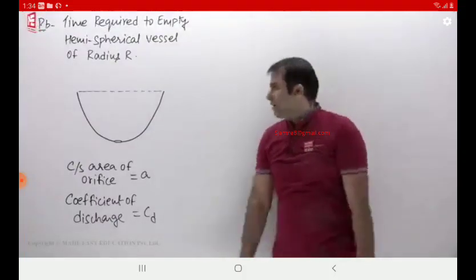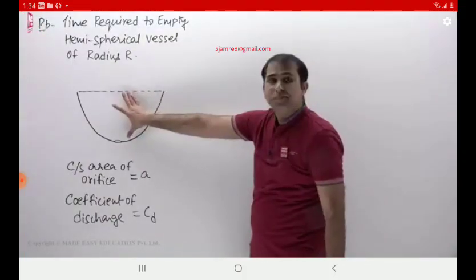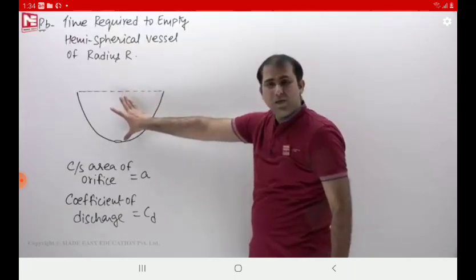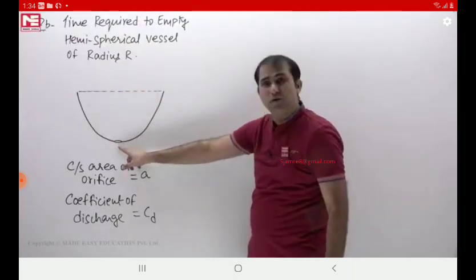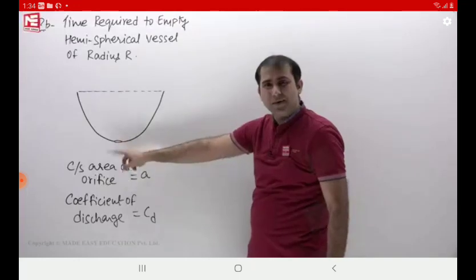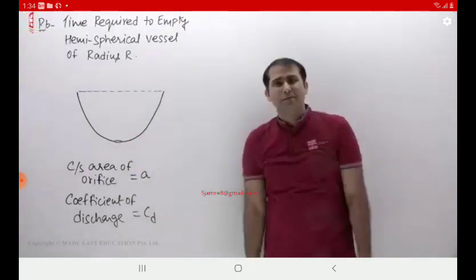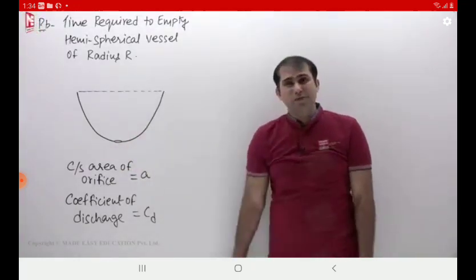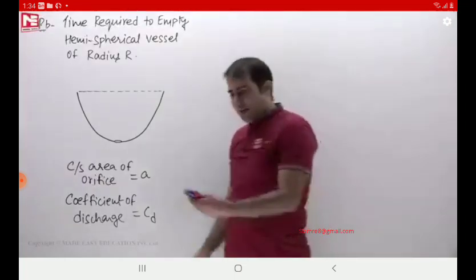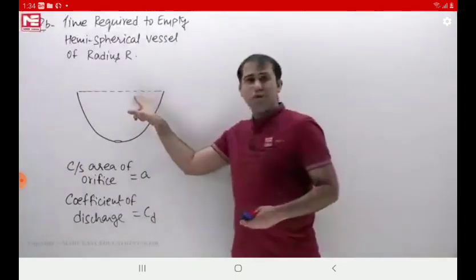Okay, I repeat, problem ये है कि hemispherical vessel is filled. कितना टाइम लगेगा if we have an orifice here, कि यहाँ से इसको खाली होने में. Now my point of discussion. Initially तो ये time t equals 0 पे तो ये है.